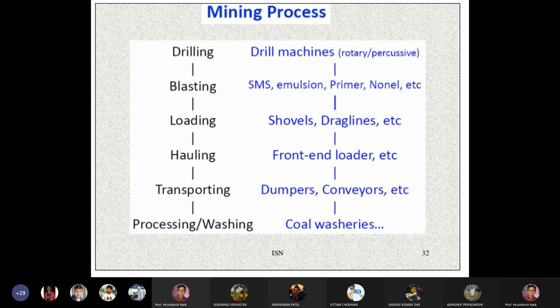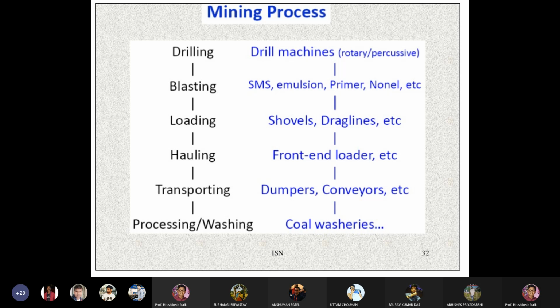So the various processes of open pit mining, as we have discussed, is drilling, blasting, loading, hauling, transporting, processing, and washing. These are the various unit operations carried out in open cast mining. So drilling is done by rotary and percussive drill machines. Blasting is done by SMS, site mixed slurry explosive, emulsion explosive, primer, non-electric detonators.